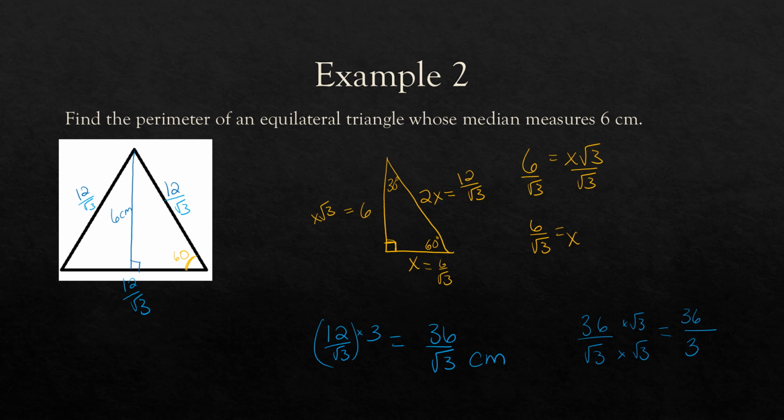And then at the top, I will have 36 times the square root of 3. I can then reduce this fraction just a little bit. 36 divided by 3 is going to be 12 square roots of 3. So either answer would be correct. Either you've rationalized the denominator or you have the original fraction.